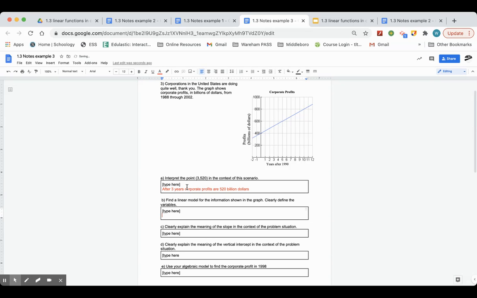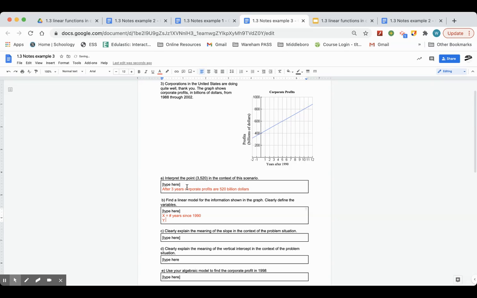So x is the number of years since 1990, and y is the profits, in billions of dollars.